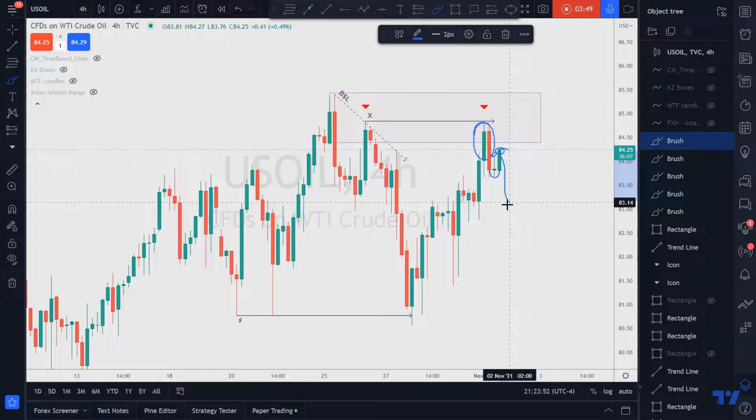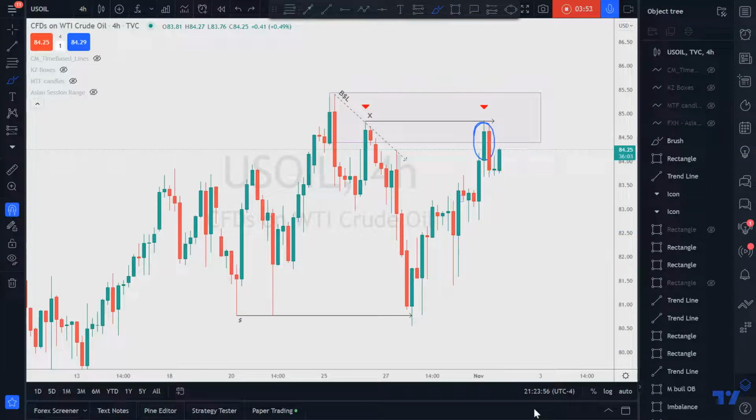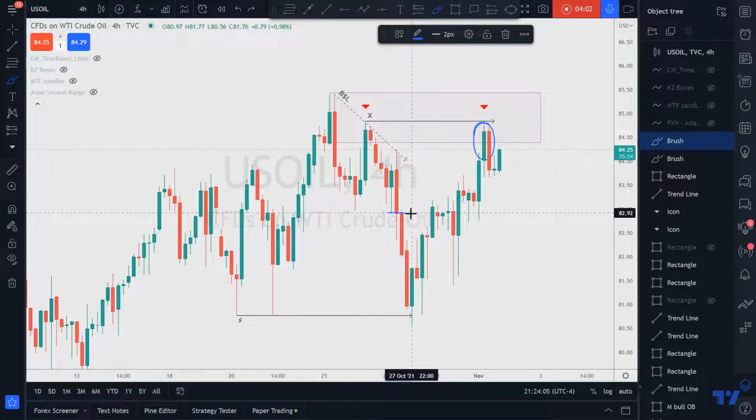I'm hoping that it falls from there because that's what order blocks do. You can see that happening here. This one pulled up, but it only pulled up to the wick on the other side, which is an imbalance, and price rebalanced the imbalance. This is an inefficient price move.